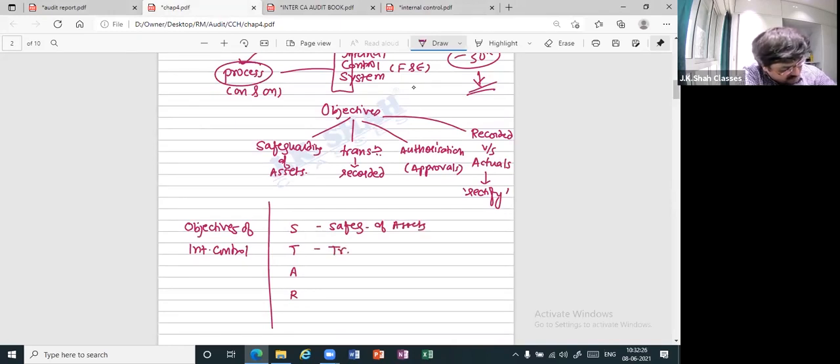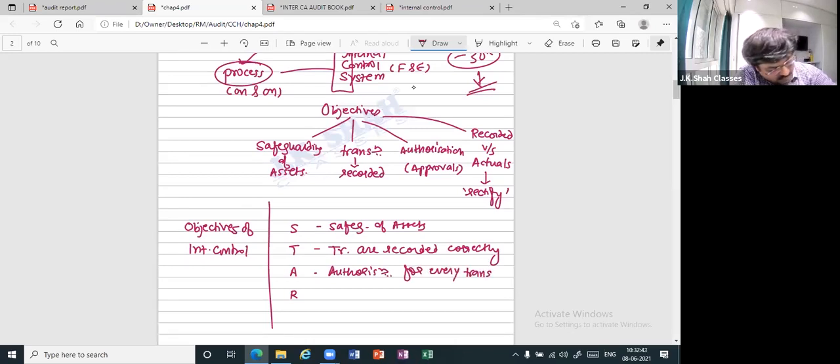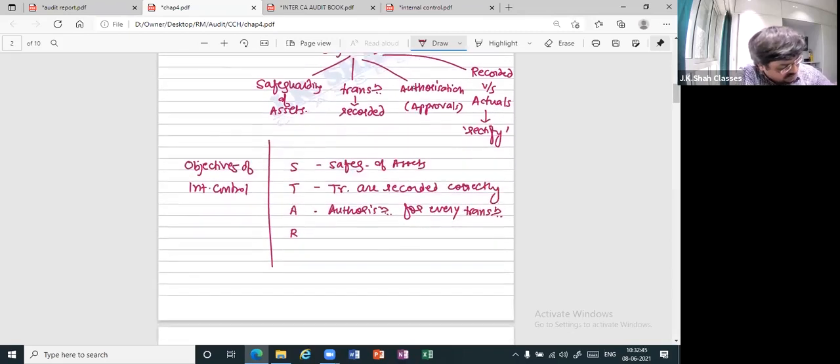T is transactions are recorded at correct amounts, so recorded correctly. A stands for authorization for every transaction. R stands for recorded versus actual, difference rectified. Like this you write.